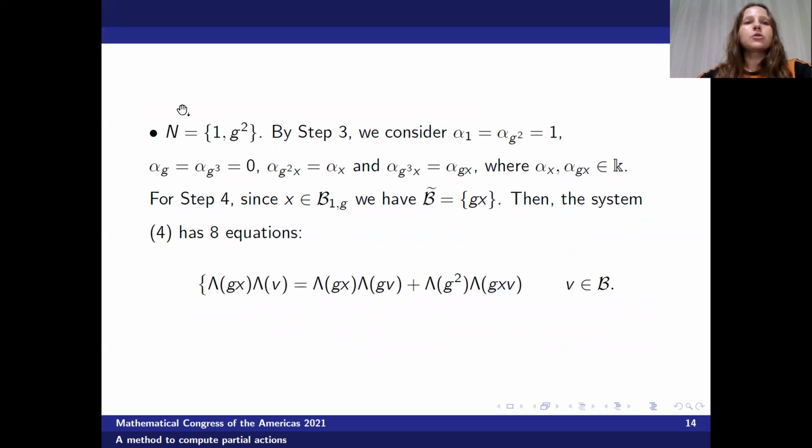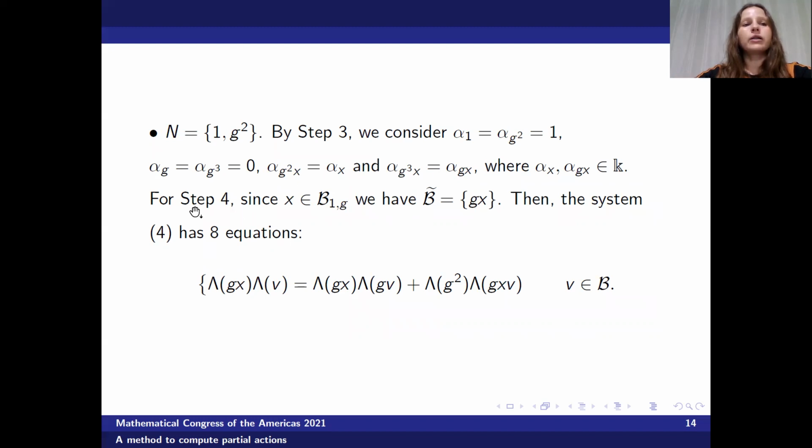When N is 1 and g squared, by step 3, we have these elements. Note that we have 2 free parameters in this case.